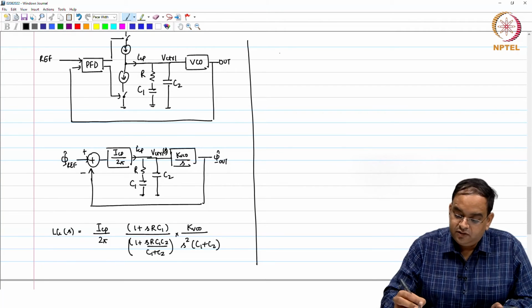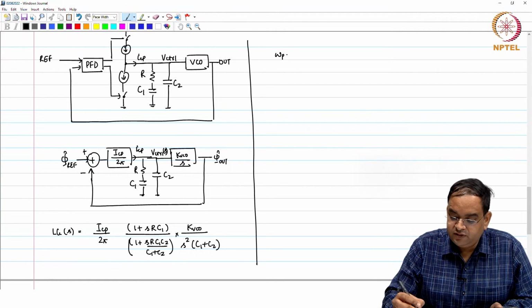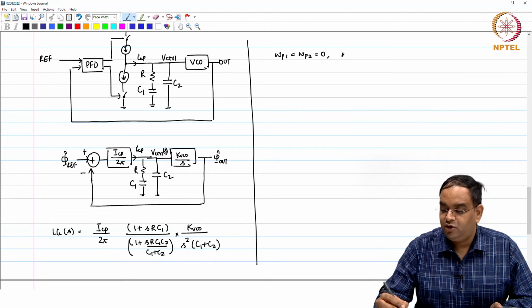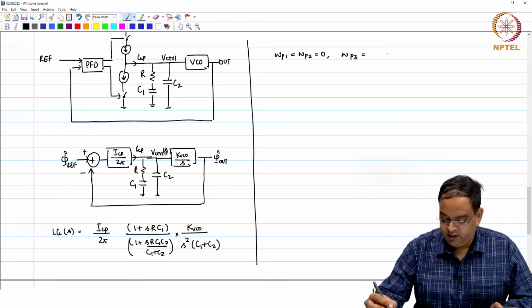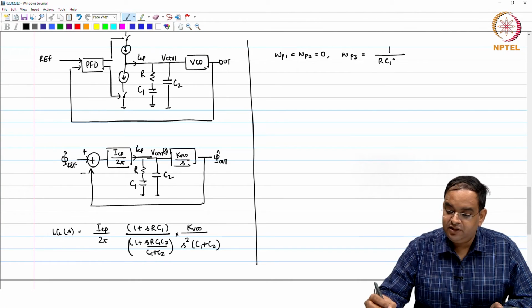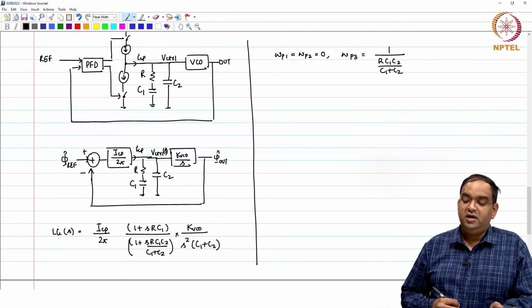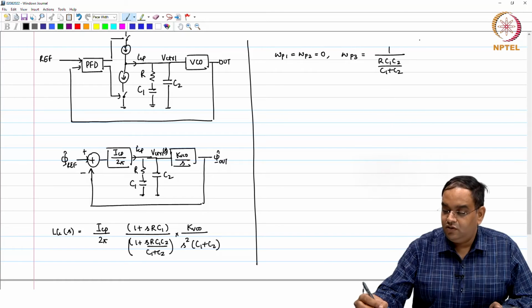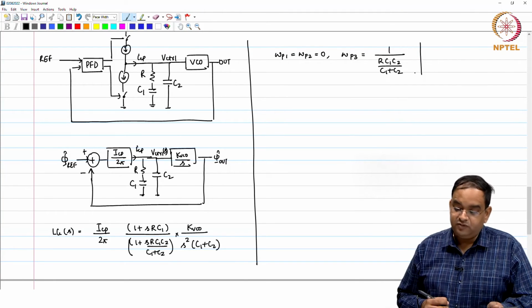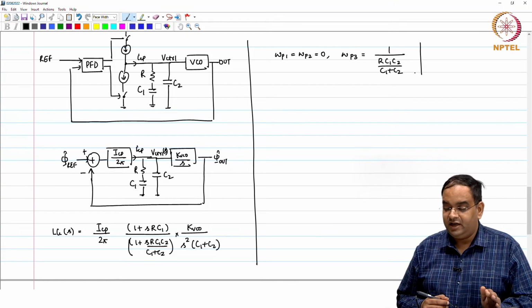Okay. So, here you have two poles first at omega p1 and omega p2 equal to 0. You have third pole at 1 over R C1 C2 by C1 plus C2. By the way, you must be used to writing these poles, whether it is a left half plane pole or right half plane pole.